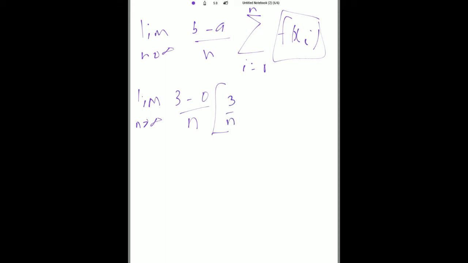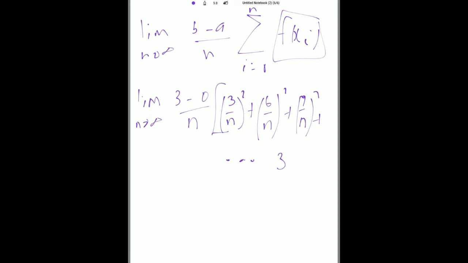That will be the first one, but remember, it's x squared, so this will be the first x value and this will be squared. What will be the second x value? Since each unit is 3 over n, the next one would be 2 times 3 over n, which is 6 over n, and squared. Then what's 3 times 3 over n? That would be 9 over n, squared. And this will be the pattern of the sum as we go all the way up to 3, because we'll be summing from 0 to 3.